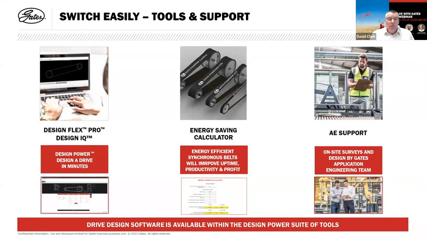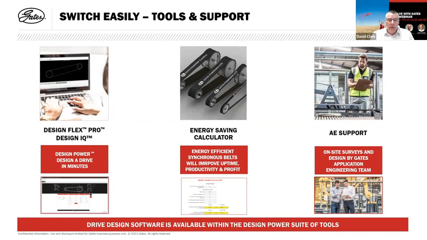In order to try and assess what advantages you may have, we have an energy saving calculator on our website that looks at the savings you may get from converting a V-belt drive to a synchronous belt drive. Synchronous drives are inherently more efficient than V-belt drives, so there are energy savings to be had by converting drives, especially when a drive's running 24 hours a day, 7 days a week, such as an air handling unit.